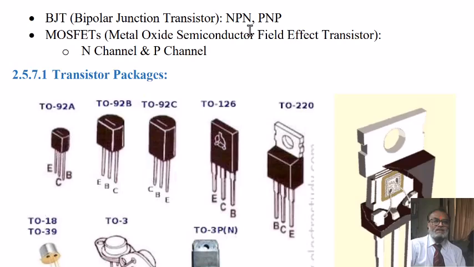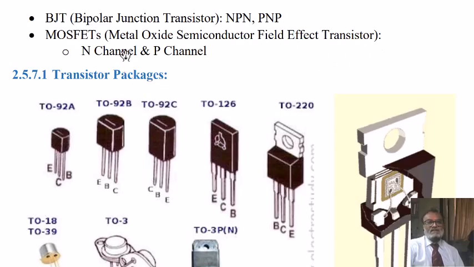And in MOS technology, the other device is the MOSFET, metal oxide semiconductor field effect transistor. This MOSFET works on the effect of the field generated at the gate, controlling the drain current by the field effect, therefore the name field effect transistor.